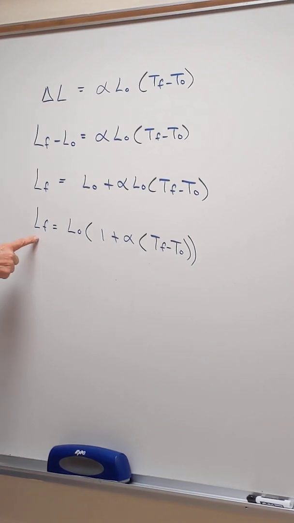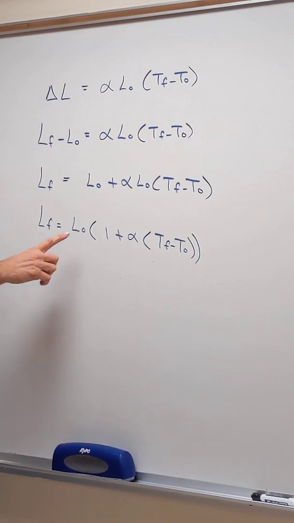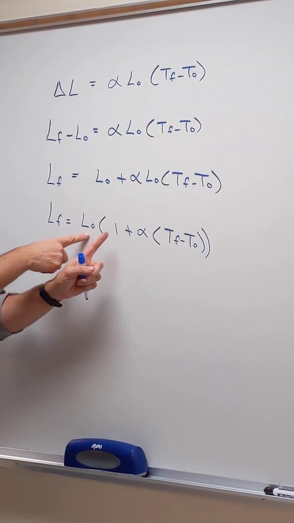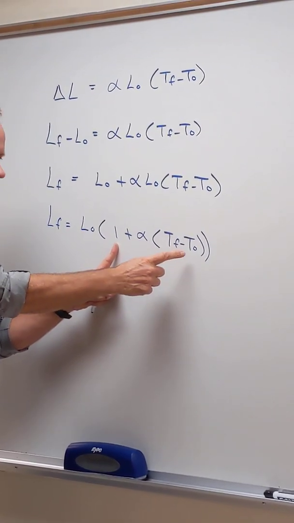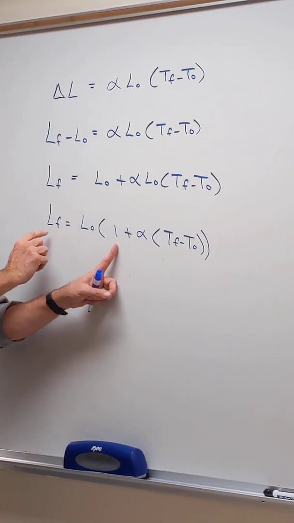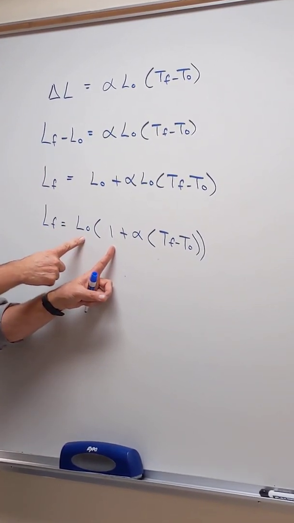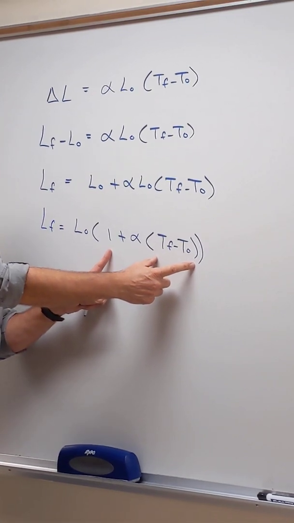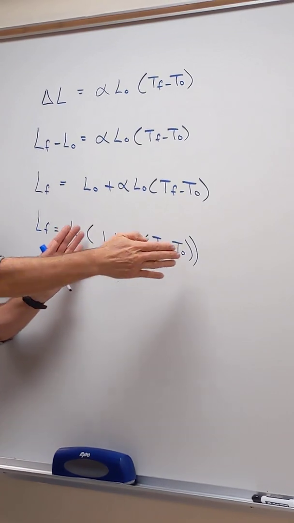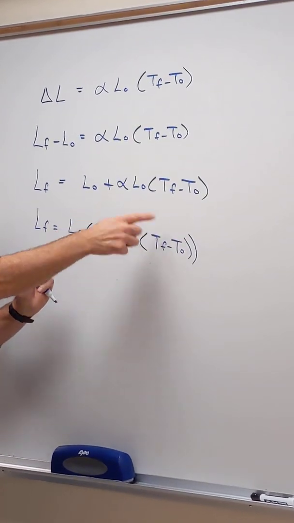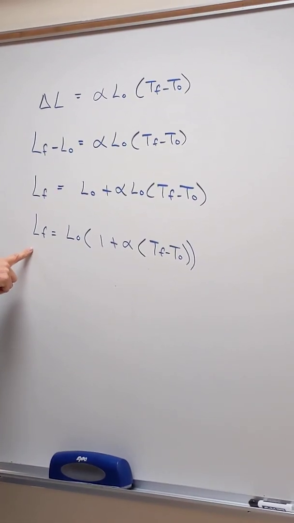If I want the final length of my object, if it's a long thin tube, I can take the original length, multiply it by 1 plus some factor, and if this is positive, it will stretch, my final length will be bigger than my original length. If this happens to be negative, I'm cooling it down, this factor will be less than 1, and it will shrink from its original length to some smaller value.